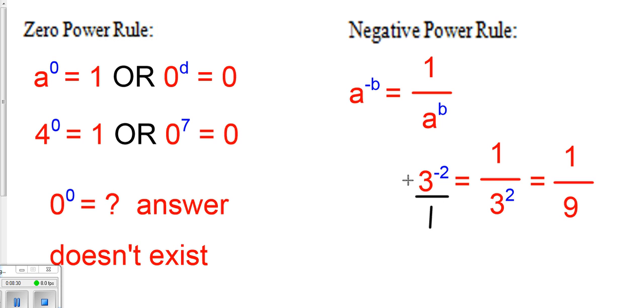And when you do that, it leaves 1 times this amount. So this 1 stays up here. 1 times 3 squared is just 3 squared, so this one went away. But in the end, negatives basically just make it a fraction, or flip it from numerator to denominator.